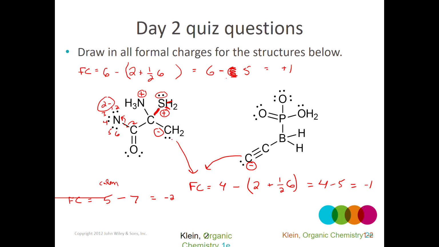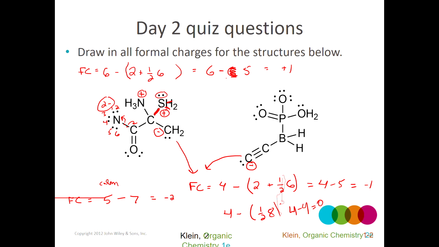If all they were to do would be to share that pair of electrons with another atom, then they would have 4 bonds, and it would end up being 4 minus half of 8 shared electrons, which would be 4 minus 4, or 0. So that's the optimal situation for a carbon atom.